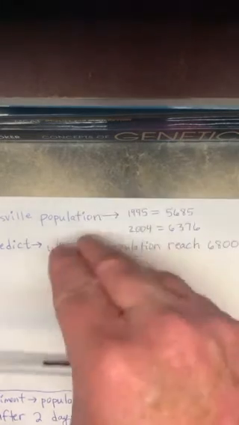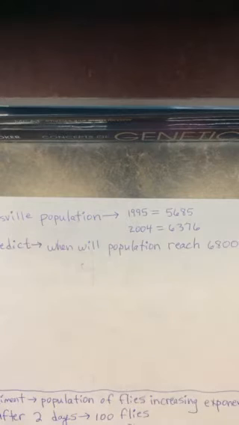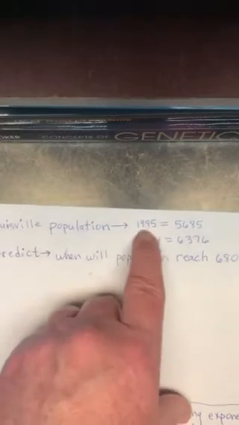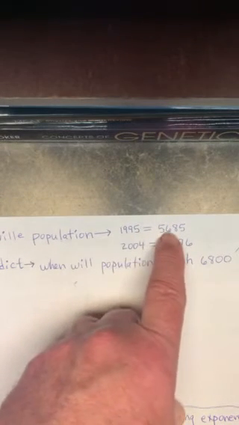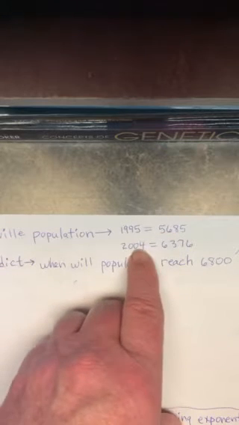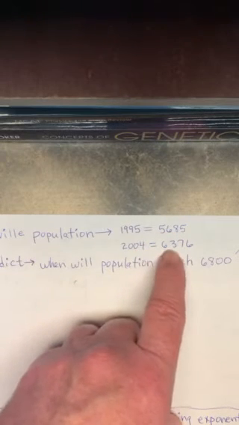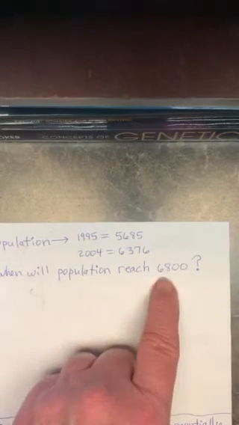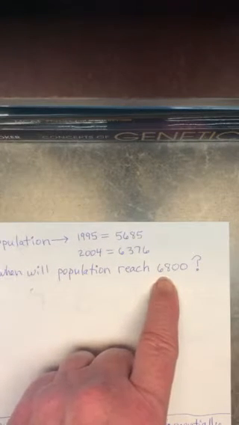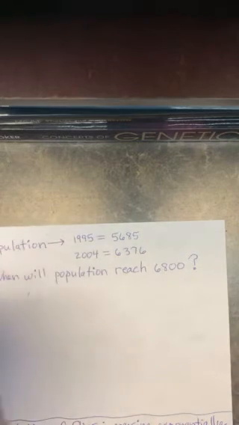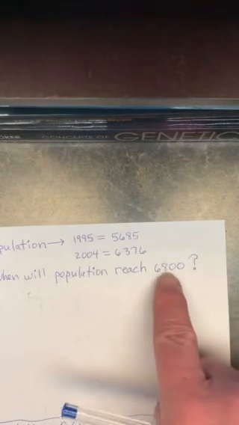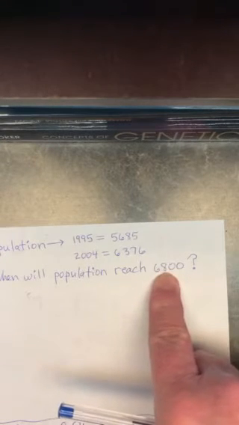And if it fits the growth formula exponential scientific model that we've established, here's our question: if in 95 the population was 5,685 and in 2004 the population was 6,376, when will the population reach 6,800 people? Oh, so we're now going to use this as a prediction tool to predict when the population will grow to end up being 6,800.